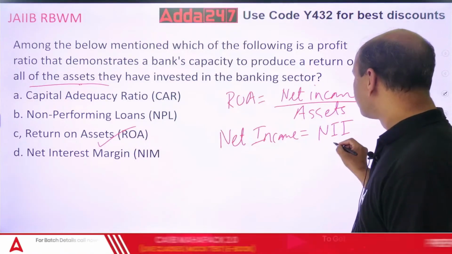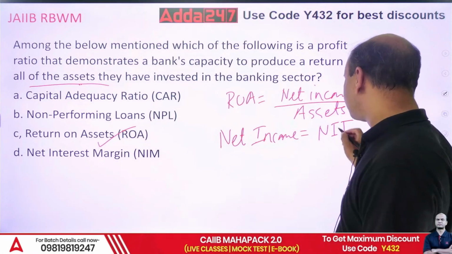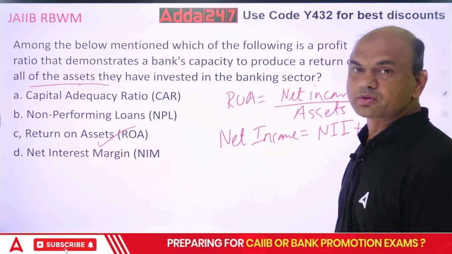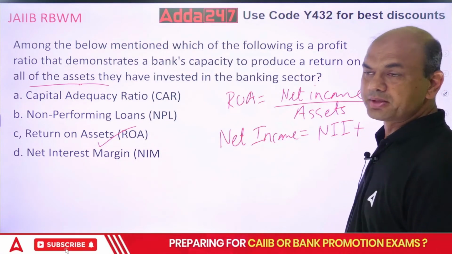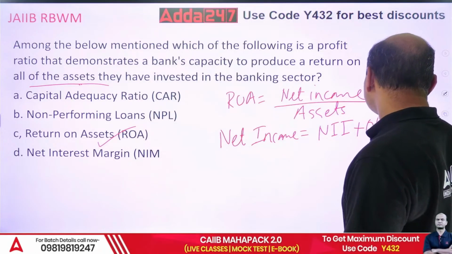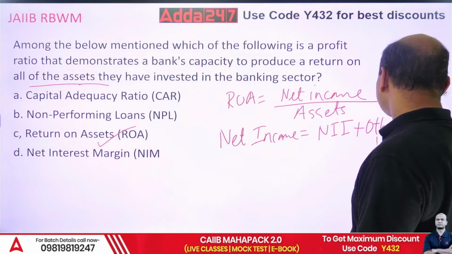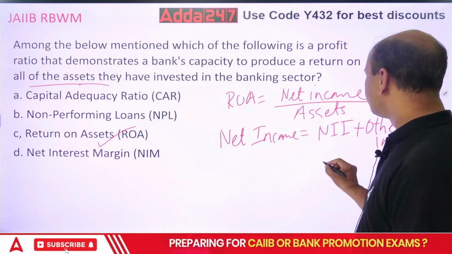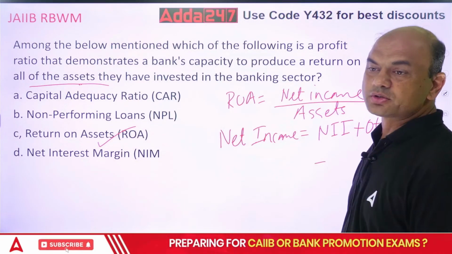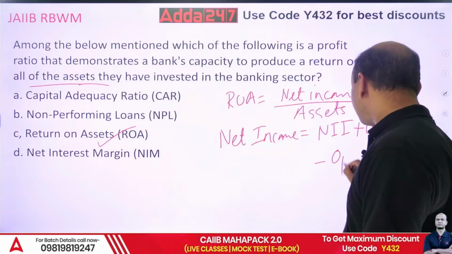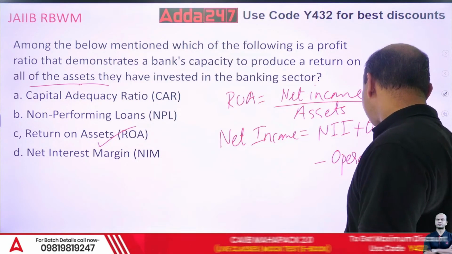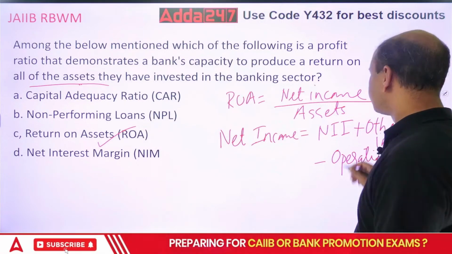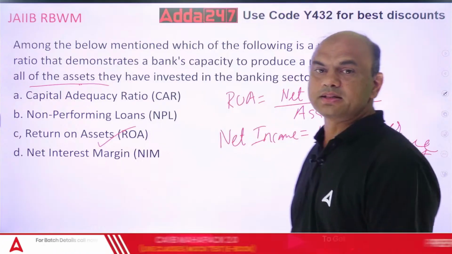I'll tell you later where this comes from. Plus other income, you can call it TPP, third party products also. Other income minus operating cost. So this is the formula for your net income.